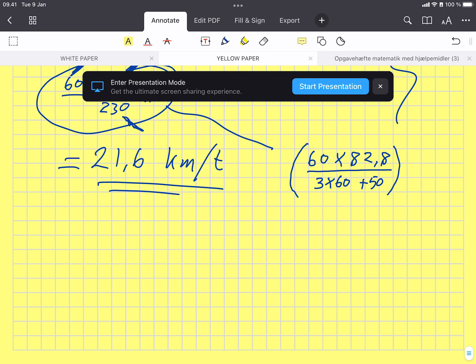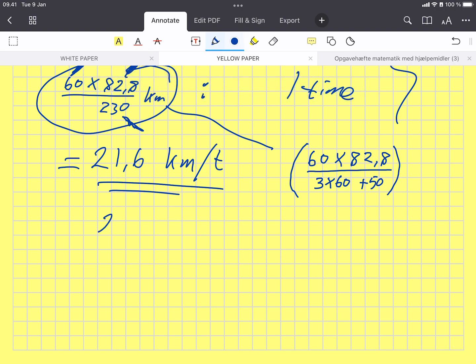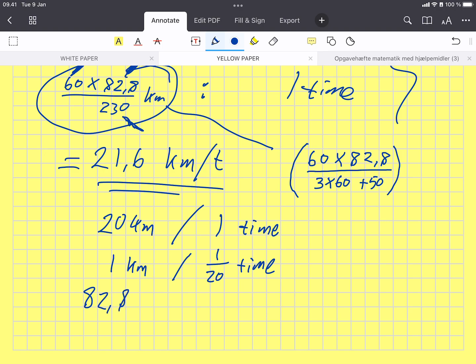So 20 kilometers in 1 hour. So 1 kilometer would take 1/20th of an hour, and 82.8 kilometers would take 82.8 20ths of an hour.